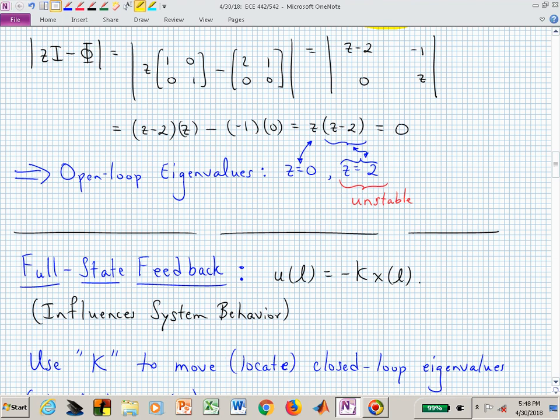The full state feedback is allowing us to influence the system behavior. So if we tell the system to behave, we're actually designing this full state feedback gain matrix K. And if we say behave, that means that we're interested in maybe changing the percent overshoot, the settling time, the peak time, etc.